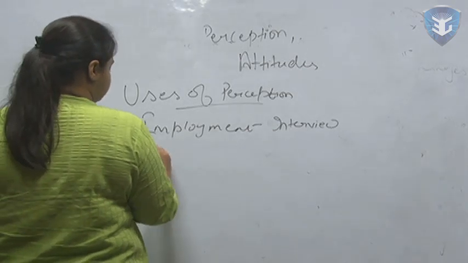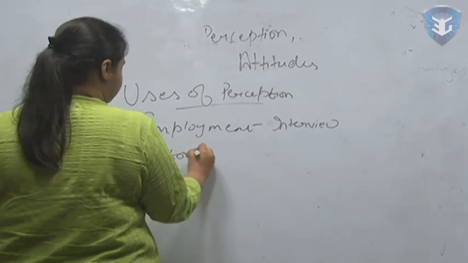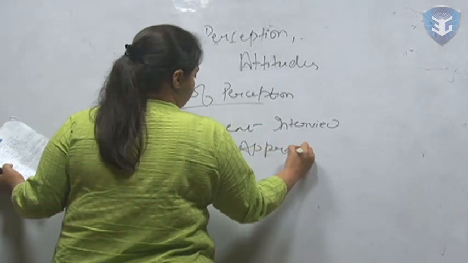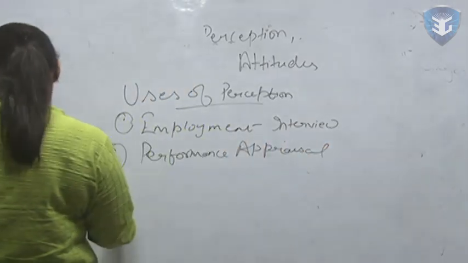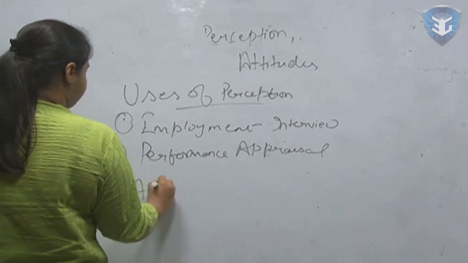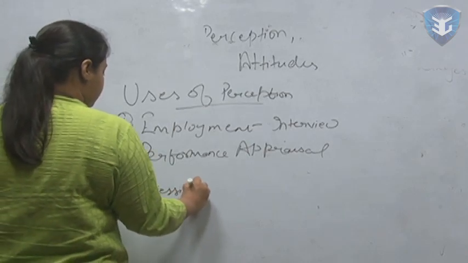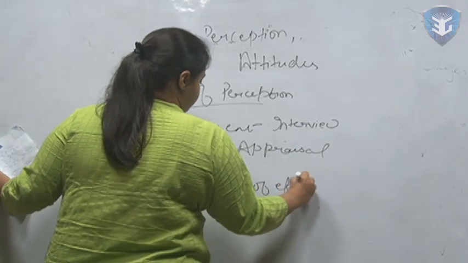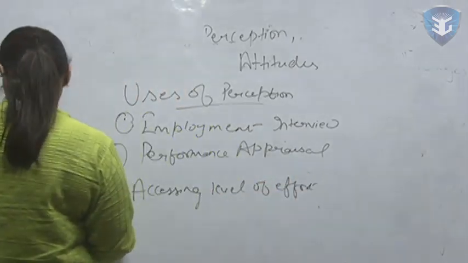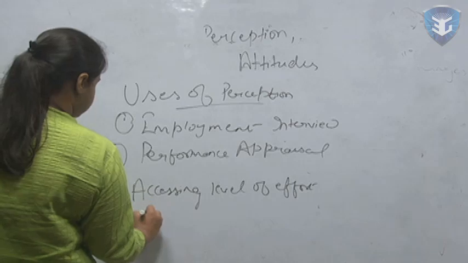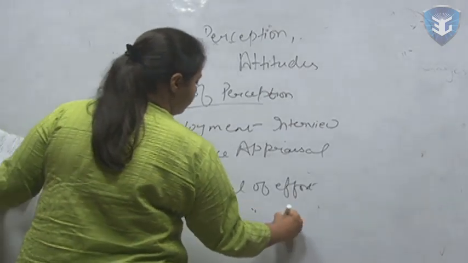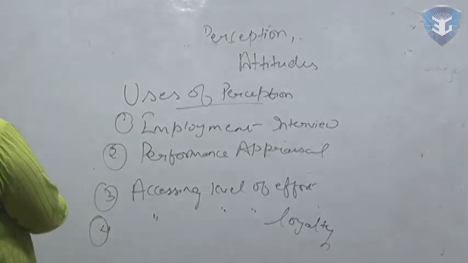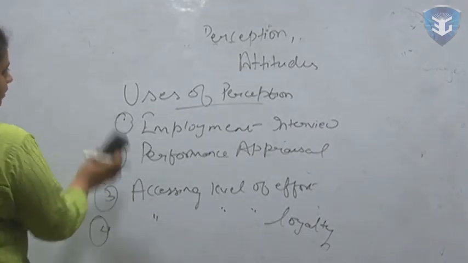Second, it is used while performance appraisal. Thirdly, for assessing the level of effort. And lastly, to assess level of loyalty. So, these are the 4 major uses that are drawn out of perception.